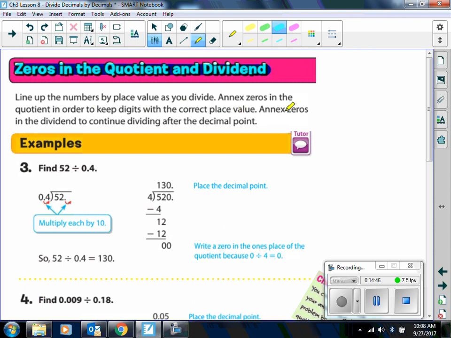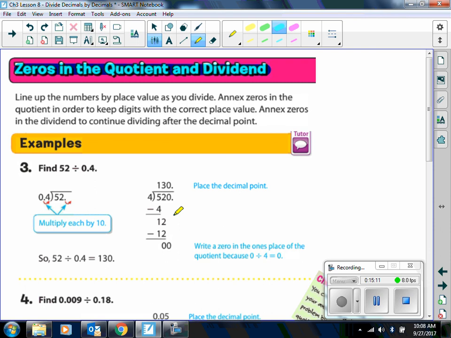And then you're also going to annex zeros in the dividend to continue dividing after the decimal point. So this is like in the last lesson, where I said you have to keep on bringing down. Remember I said that? You have to keep on dividing until you have nothing left to bring down.